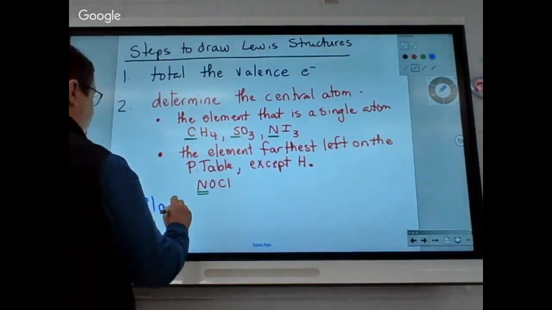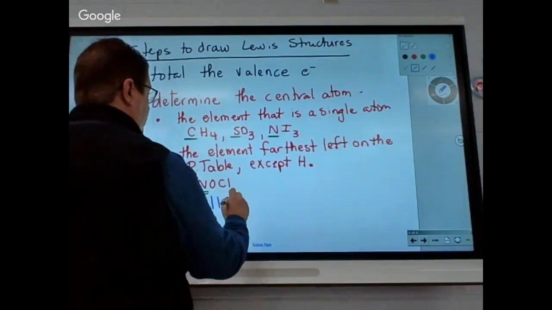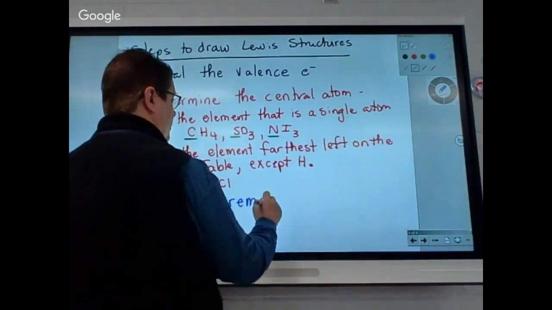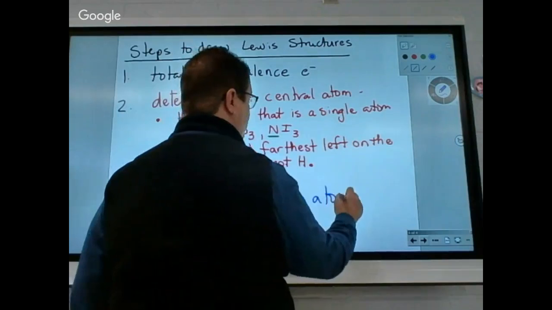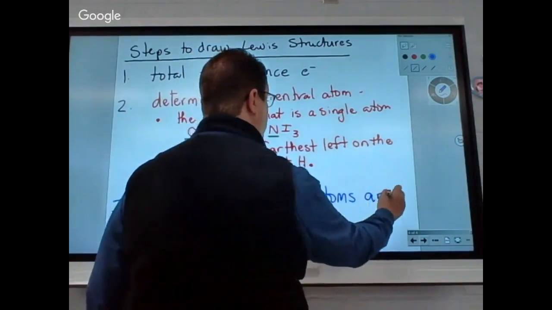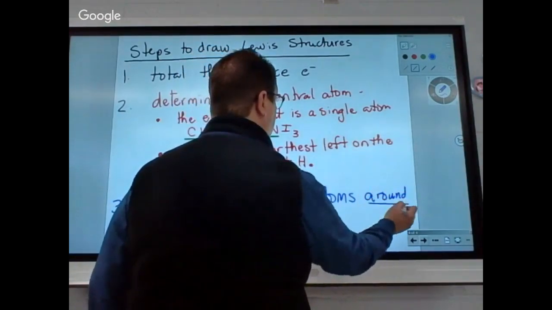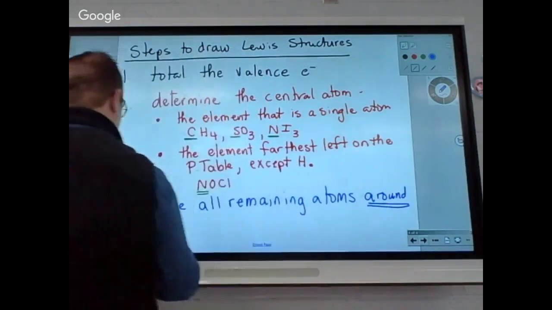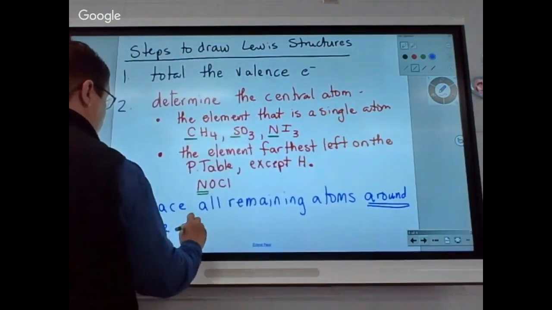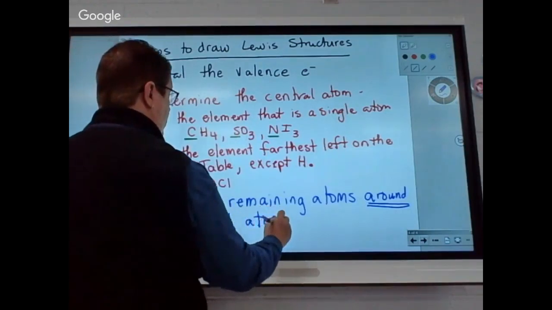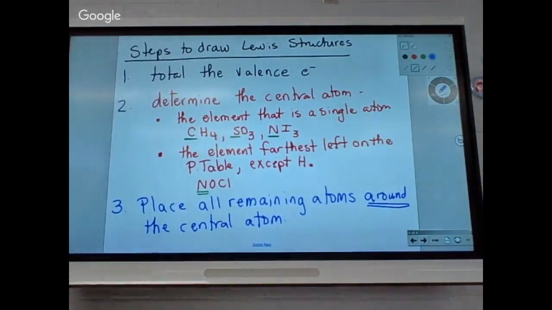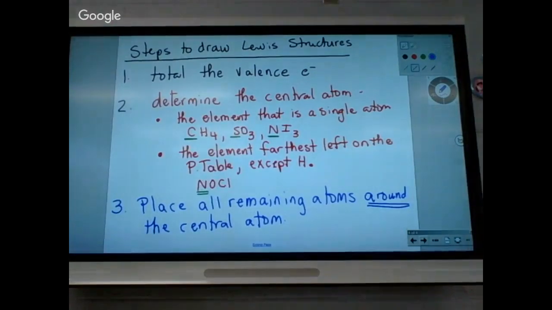Place all remaining atoms around the central atom, not in a line, around the central atom.